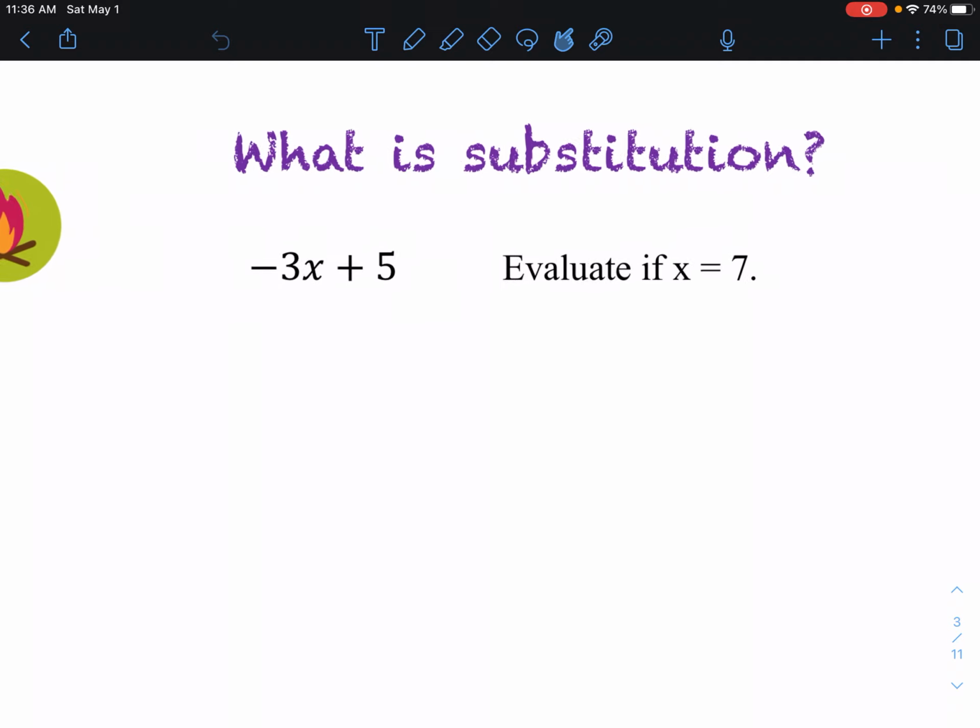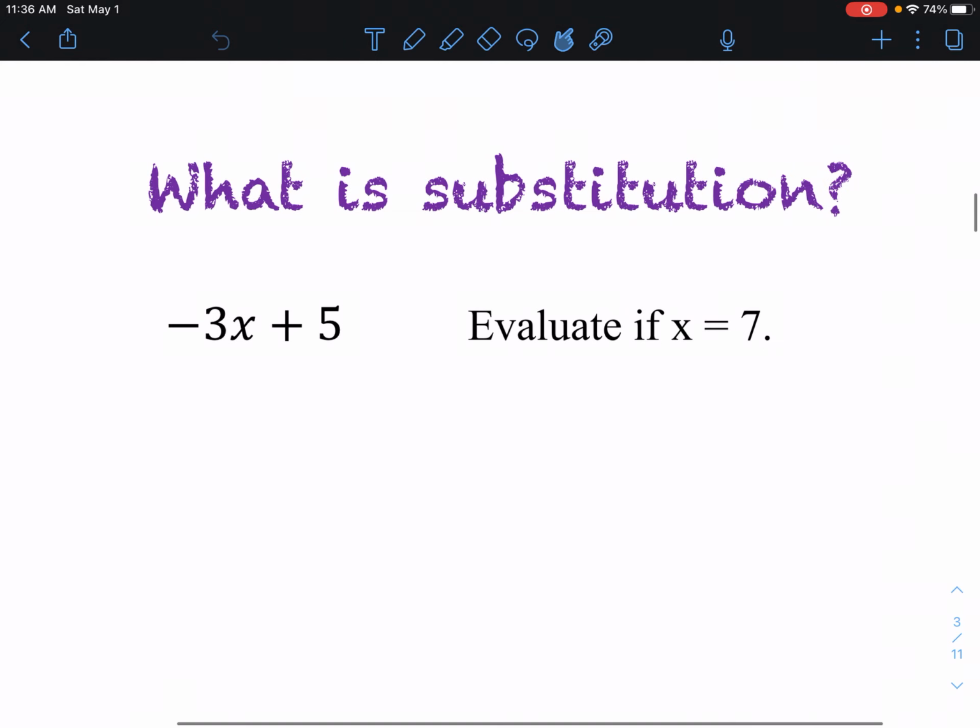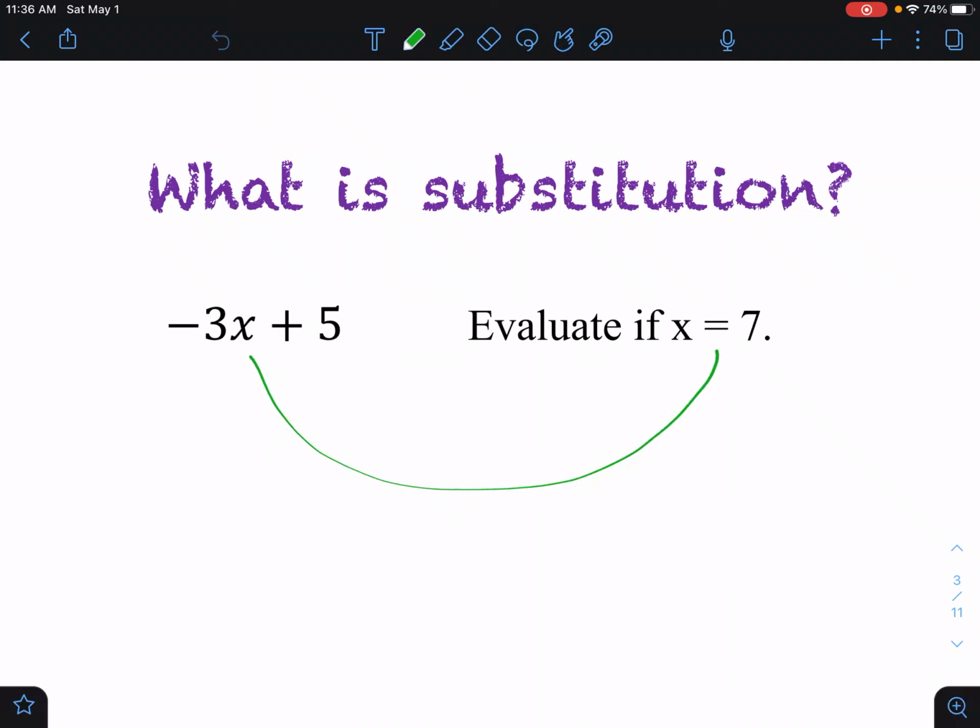Remember, substitution: if you're given an expression like negative 3x plus 5 and asked to evaluate it if x equals 7, you would say, all right, if x is 7, I see an x here. I'm just going to put that 7 in place of that x because they equal each other. I can substitute it in. So then I would say negative 3 times 7 and then plus 5.